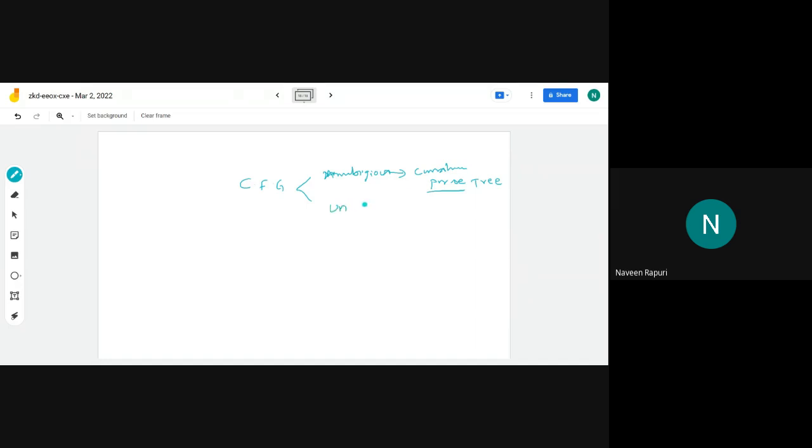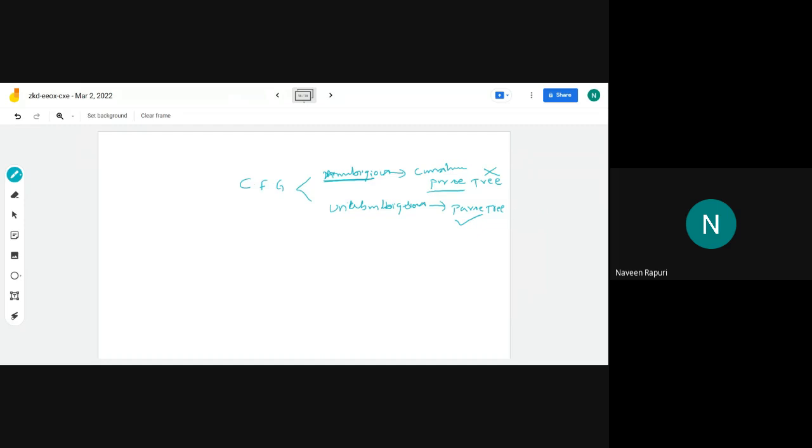Construction of a parse tree is not possible when the grammar is ambiguous. If it is an unambiguous grammar, then we can construct the parse tree.